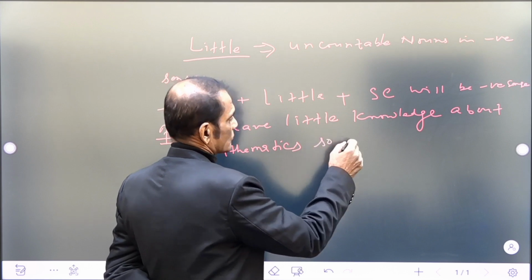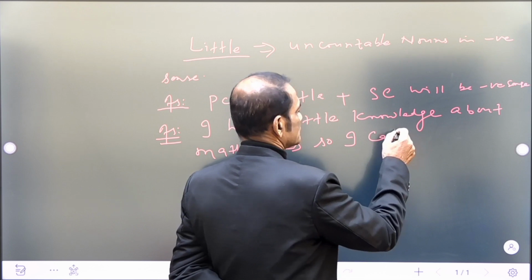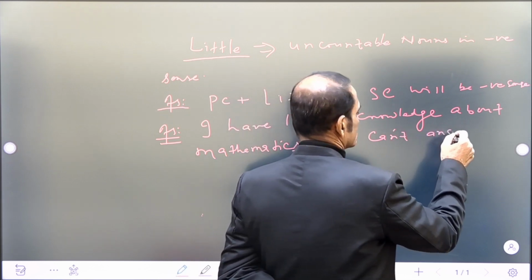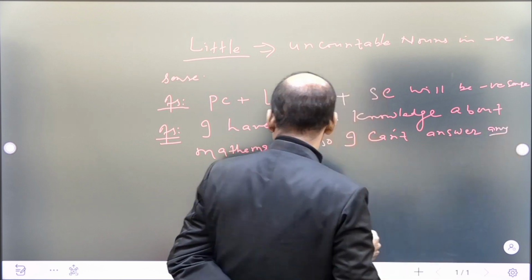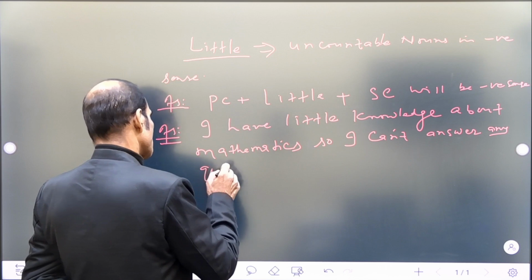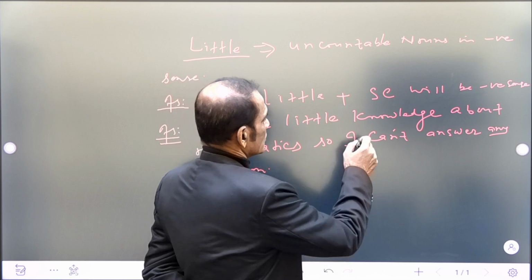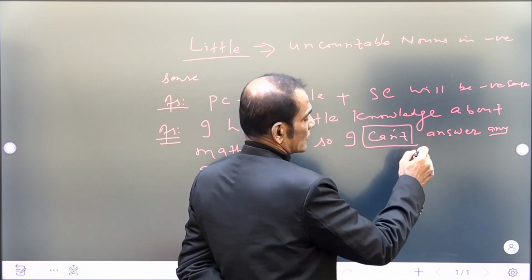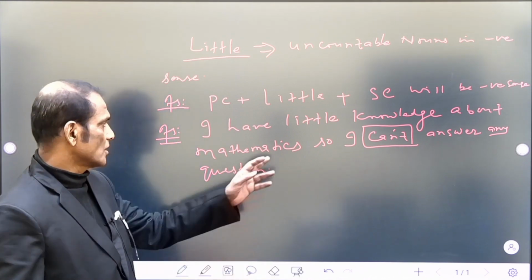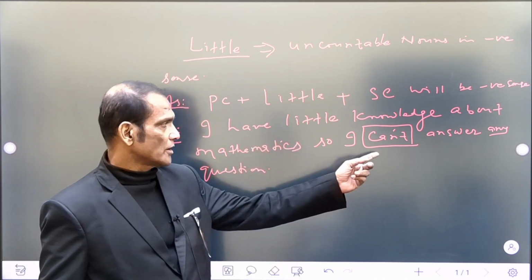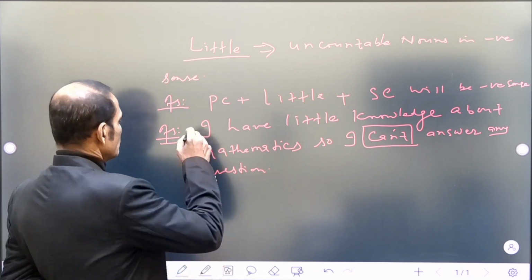So I can't answer any question. Dear, here is negative sense, can't answer. You can't say here anything in positive sense because little has negative sense. It's why I have added not with can. So I can't answer.